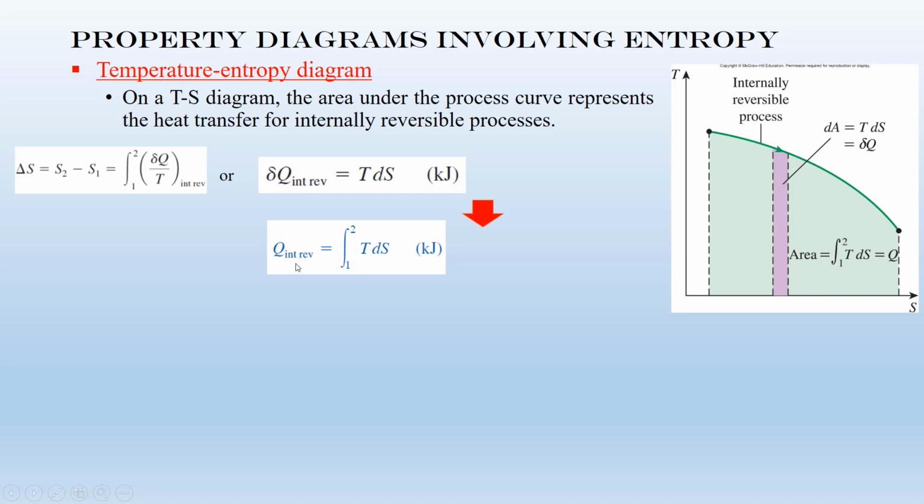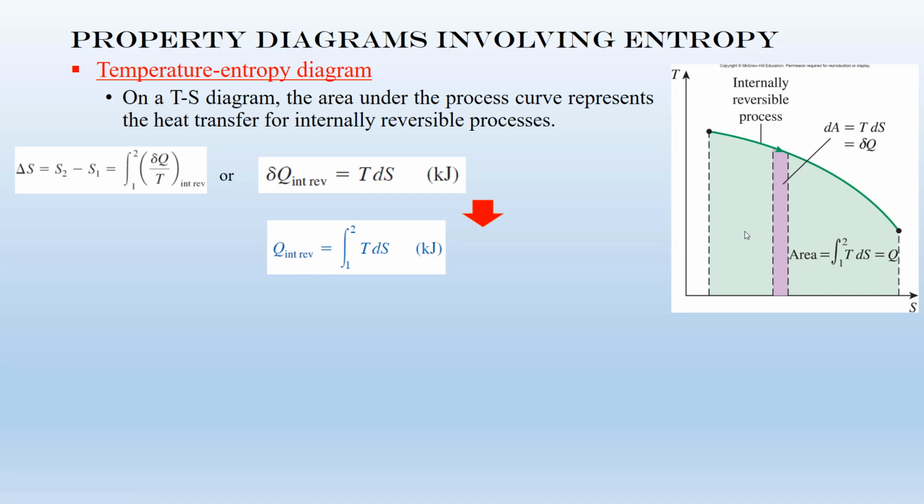This means that if you have the TS diagram for an internally reversible process, the area under the TS diagram equals the Q. This is really important. Again, this area equals the Q for internally reversible processes.